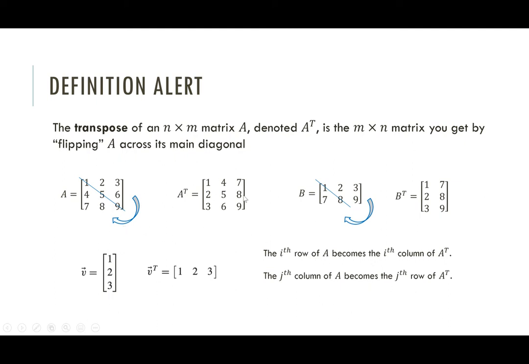Anyway, they're saying the same thing. Or you could do this entry by entry: the ijth entry of A becomes the jith entry of A transpose. So you go to row 3, column 2, and that becomes the entry in row 2, column 3, which is exactly what's happening.